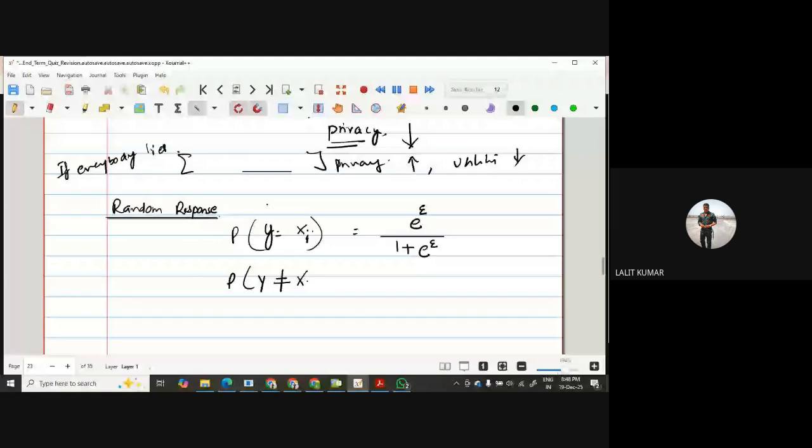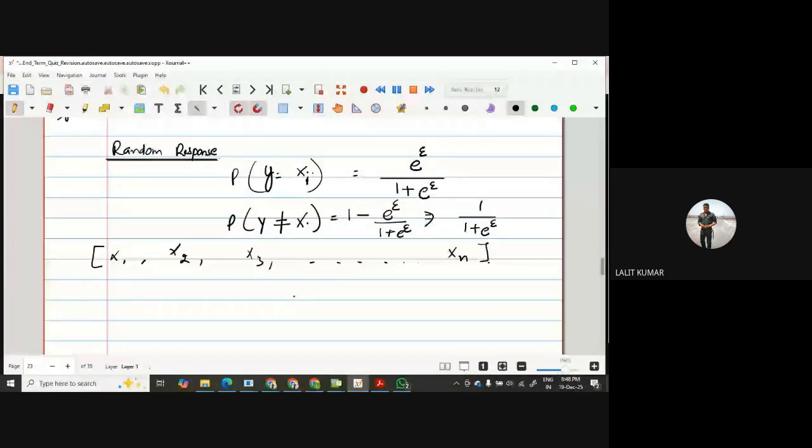Therefore, the probability that y is not equal to xi becomes 1 minus this, which becomes 1 over 1 plus e to power epsilon. So when we take a survey, every person answers with this probability.